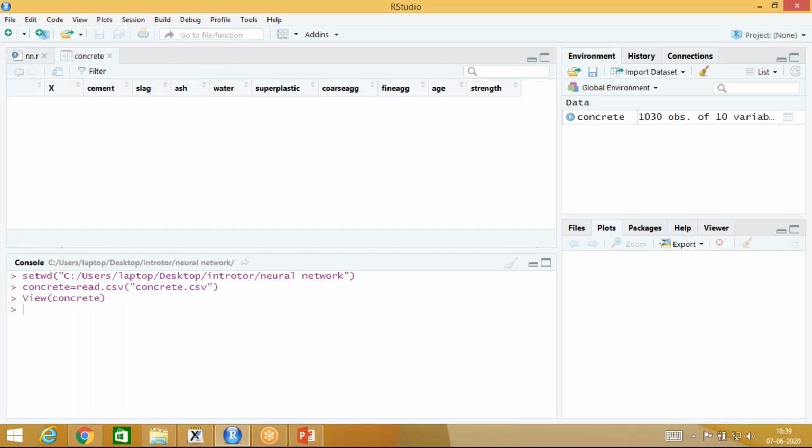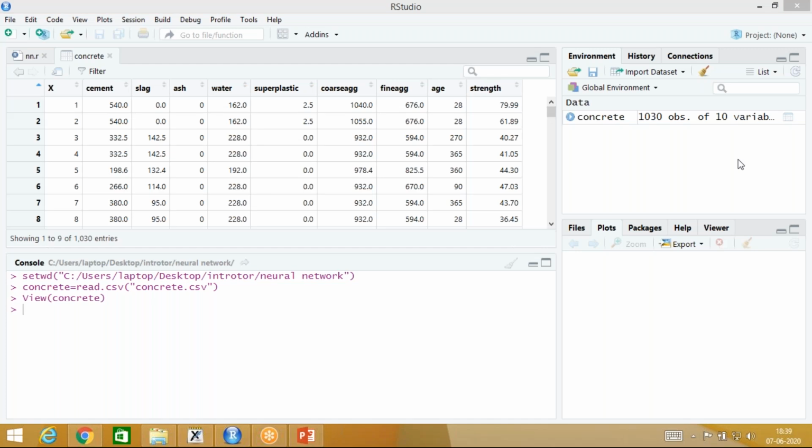This data set has 1030 observations of 10 variables. The Y variable is the strength of the concrete, and these are all the X variables.